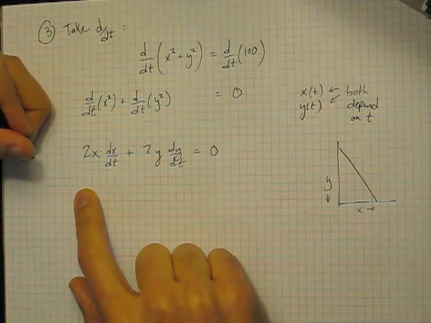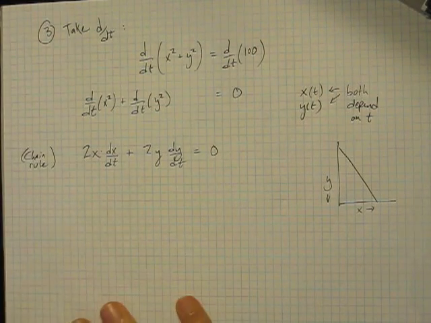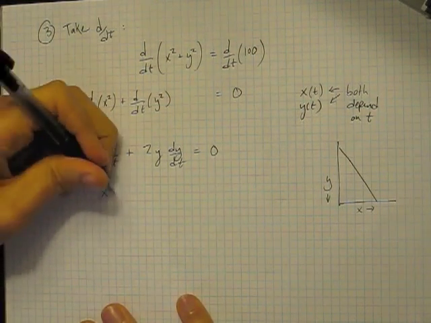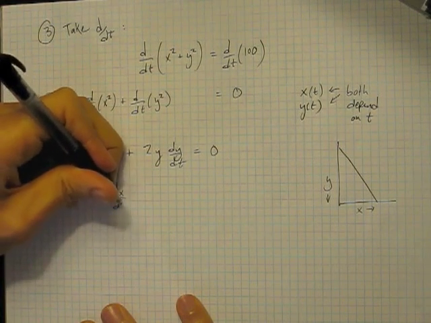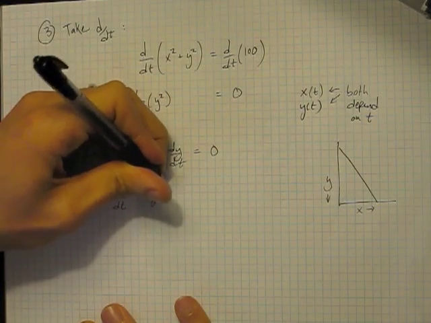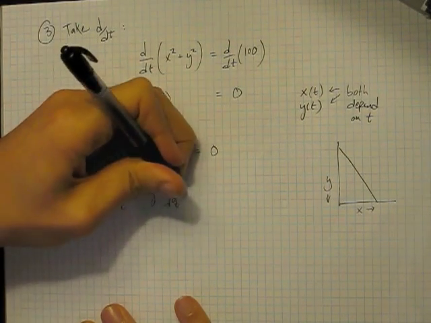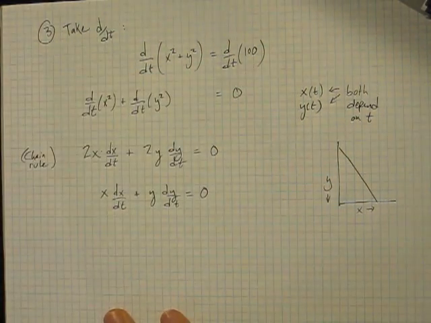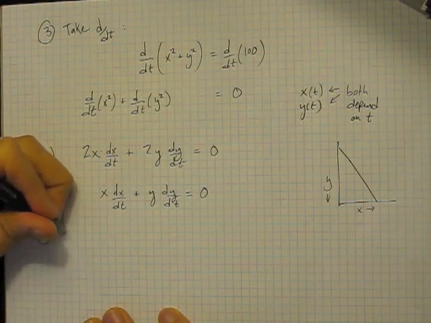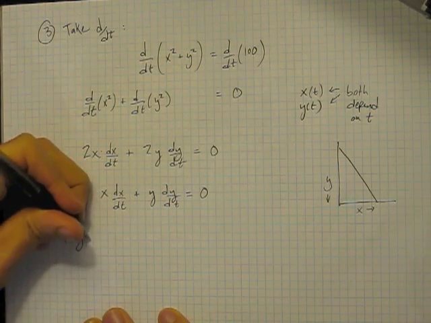So again, this was the chain rule that we used in this step. Okay, good. There's a 2 here and a 2 here and a 0, so let's just divide those away. Okay, and then step 4, plug in what you know and solve.